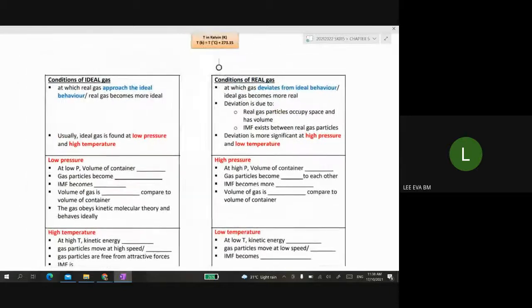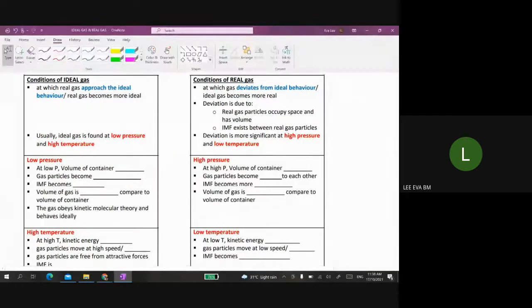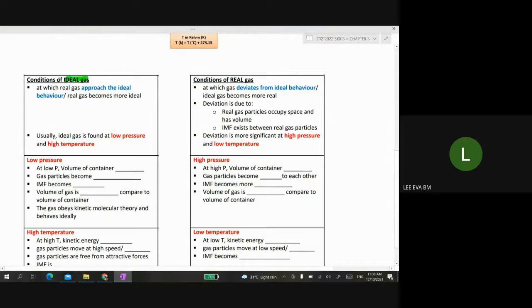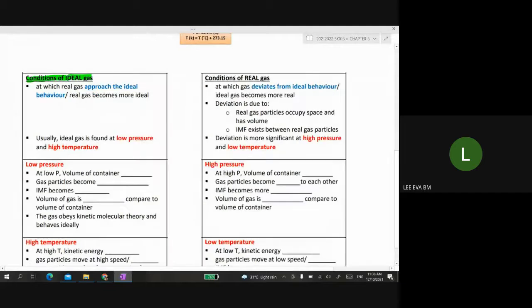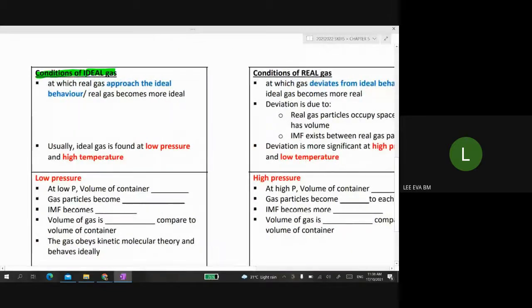Okay, so we look at the column for ideal gas first. You look at this one, condition for ideal gas. This condition is at which the real gas approaches ideal behavior. Ada main sikit dengan grammar and the English, how the sentence is constructed.